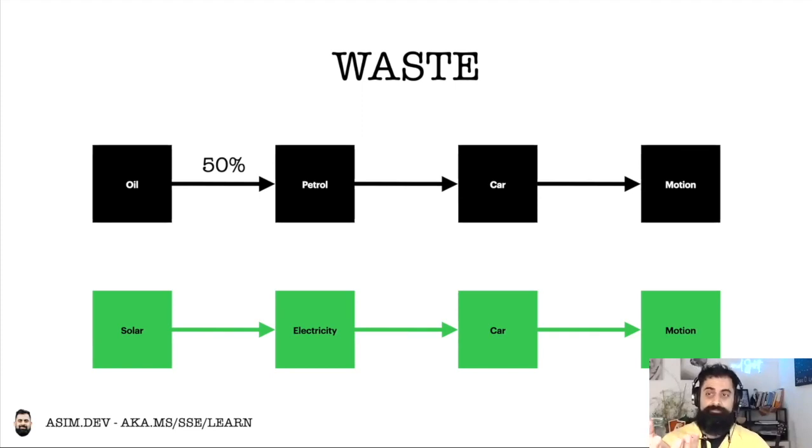To get that petrol to a car, you lose another 20%. And then an internal combustion engine is only about 20% efficient at turning the energy from petrol or gasoline into forward motion. So it's 8%. That's the challenge with fossil fuels: we're throwing away 92% of the energy in a fossil fuel for a car.